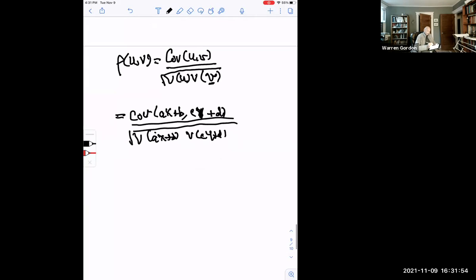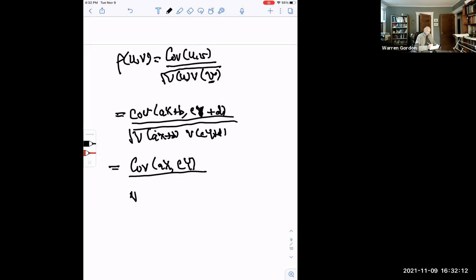Now I'm going to use the properties of covariance and variance. So this becomes the covariance of ax comma cy over, remember the linear terms disappear, the square root of a squared V of x times c squared V of y.